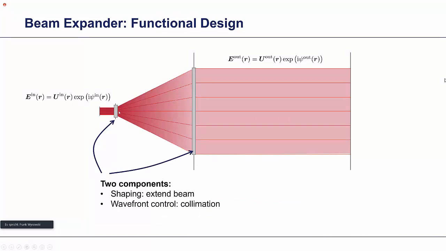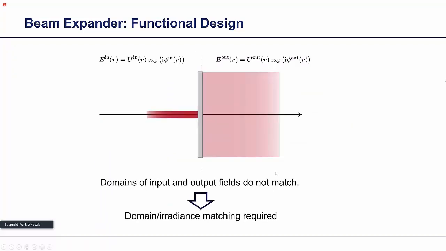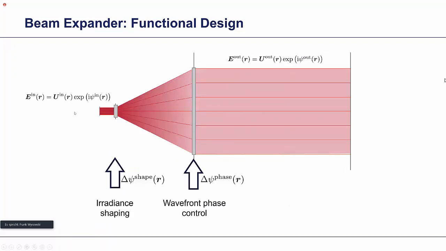We introduce another element. This element first gets the aperture, the diameter, and then we do a collimation with the second one. And here I'm very much where Olivier started, that we need two elements, one for shaping, one for the phase control. He also said that. So that means here we need one element for irradiance shaping in this plane, and then we need wavefront phase control in this plane.